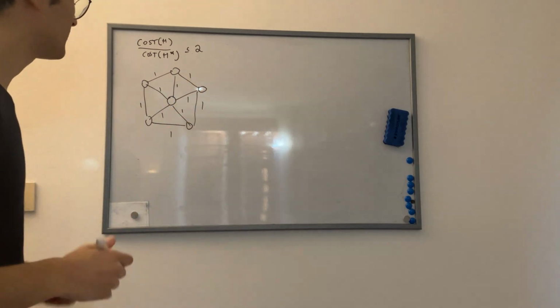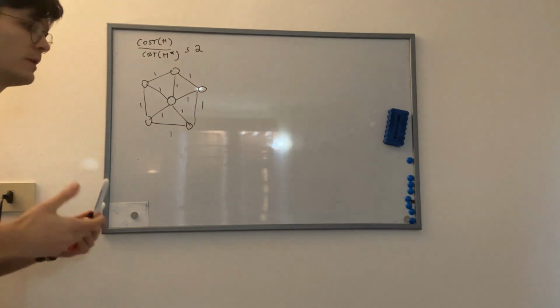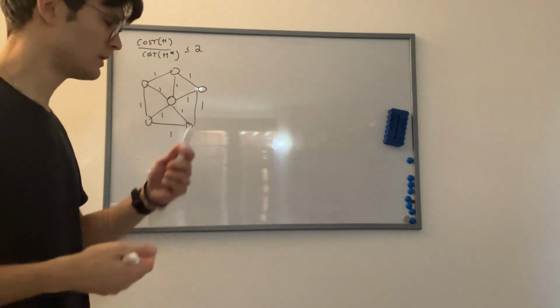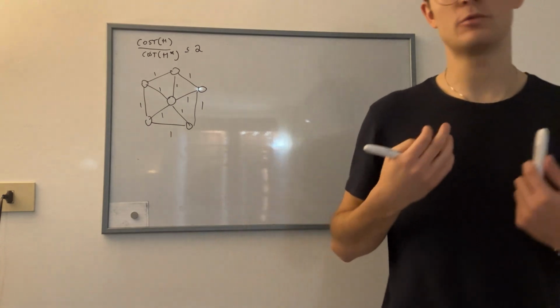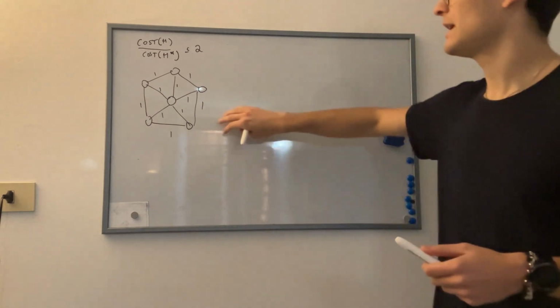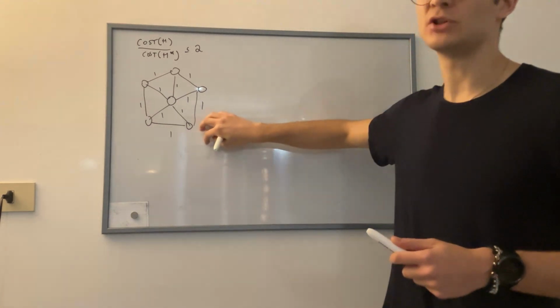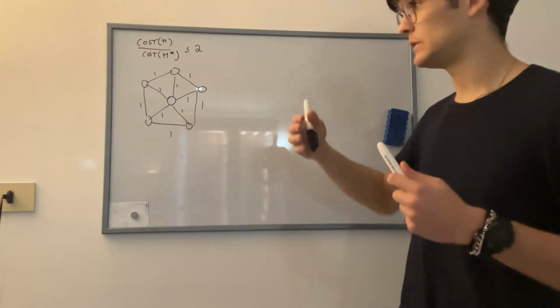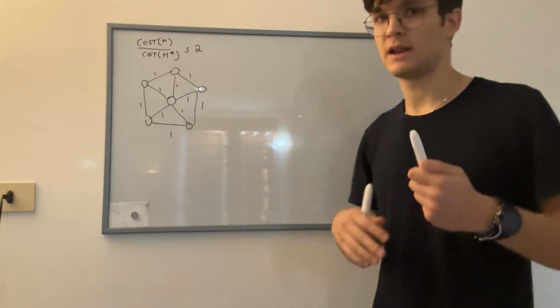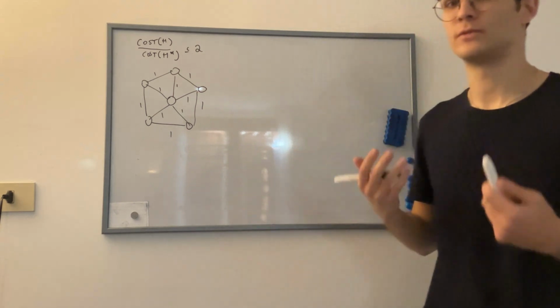Okay, so imagine a graph like this, and remember when we're working with TSP, we are working with complete graphs. In this case, I haven't drawn all of the edges. I've drawn only the edges that cost 1. Assume that all of the other edges that connect the rest of the graph have a cost of 2.